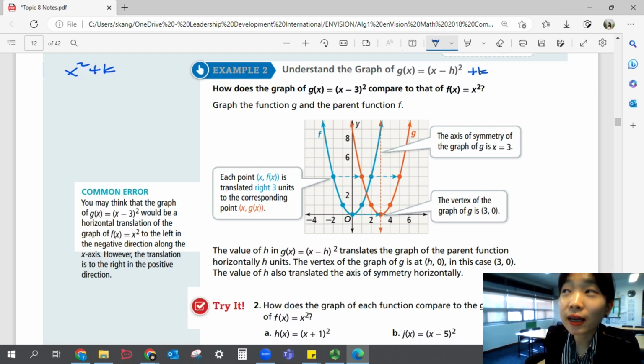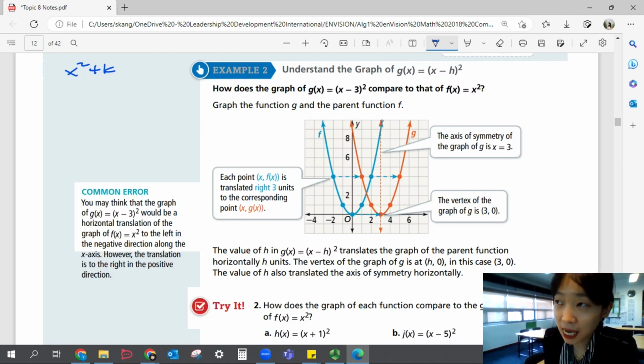So h and k are not the same. Even though it's addition and subtraction, they're not the same. That's why they're represented differently with different letters. Okay? So h is subtracted first, and then we square. That is going to change the answer completely.